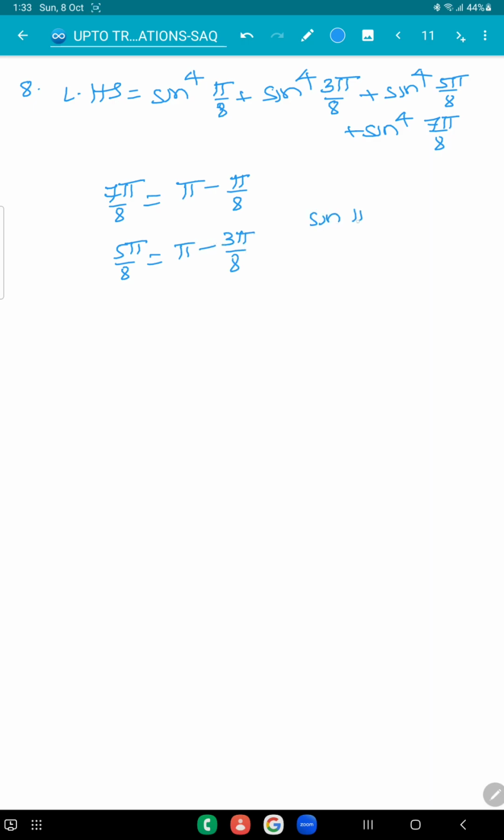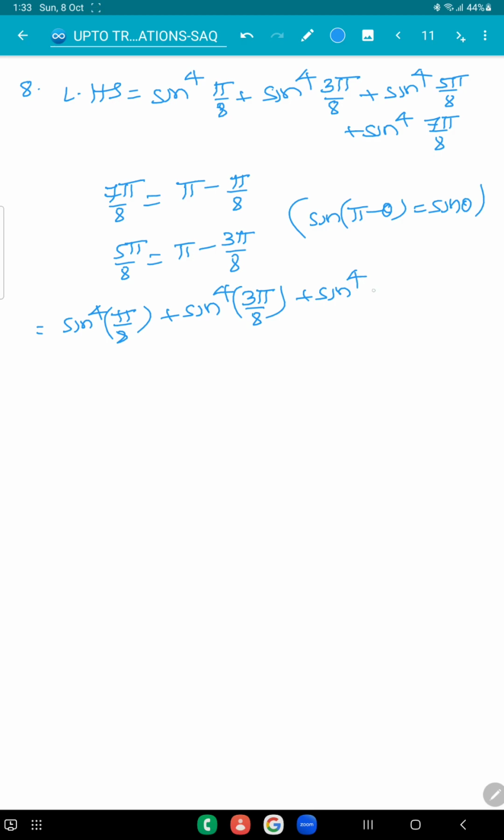We know that sine pi minus theta is equal to sine theta. So let us consider the LHS: sine power 4 pi by 8, sine power 4 3 pi by 8, sine power 4 of 5 pi by 8 which is pi minus 3 pi by 8, sine power 4 of 7 pi by 8 which is pi minus pi by 8.